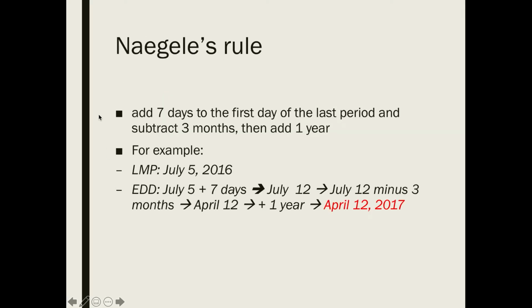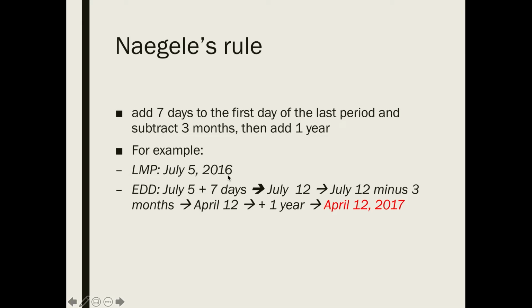This is the formula for Naegele's rule. First, we add 7 days to the first day of the last menstrual period, then subtract 3 months, then add 1 year. For example, let's say the LMP of the patient is July 5, 2016. What will be the estimated date of delivery?